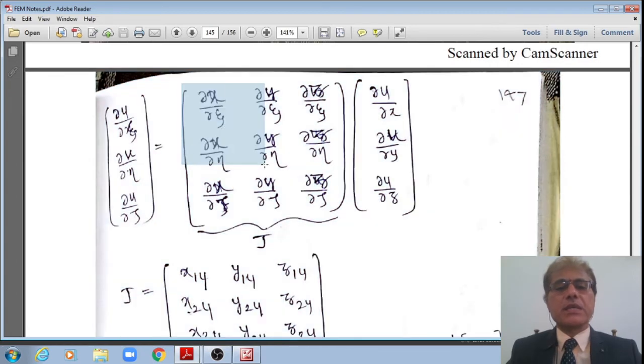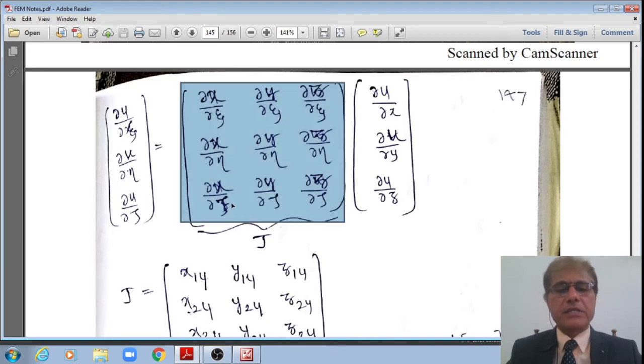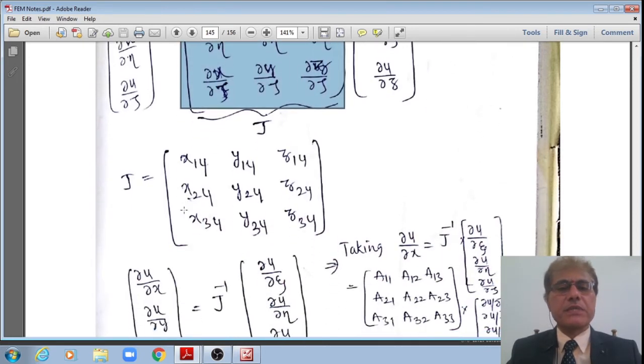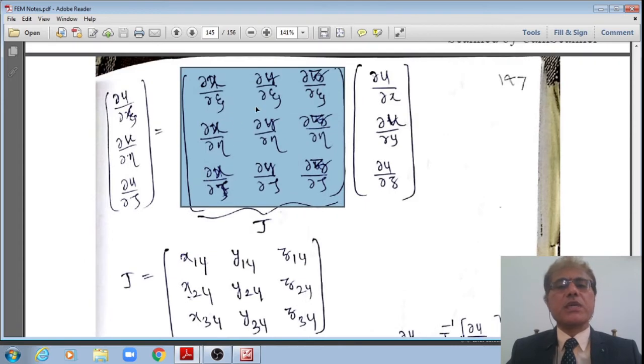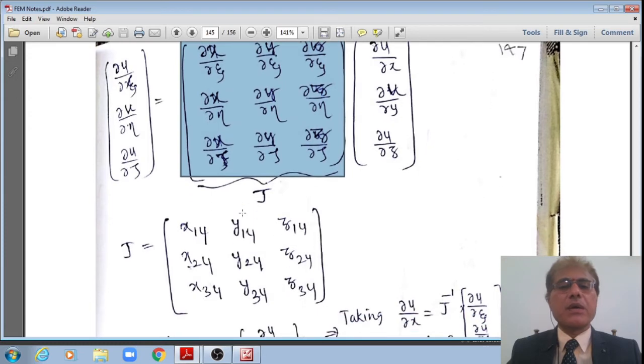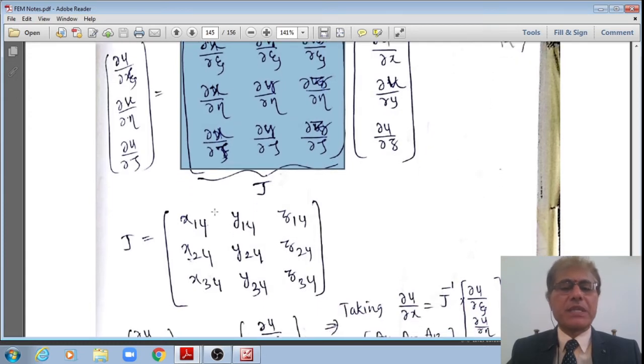Whereas this matrix is what is called the Jacobian of transformation matrix, which is a 3 by 3 matrix, given by dou x by dou xi, dou y by dou xi, dou z by dou xi, dou x by dou eta, dou y by dou eta, dou z by dou eta, and dou x by dou zeta, dou y by dou zeta, dou z by dou zeta.